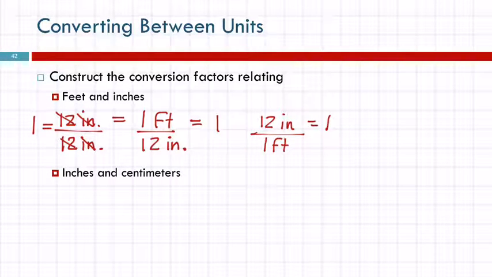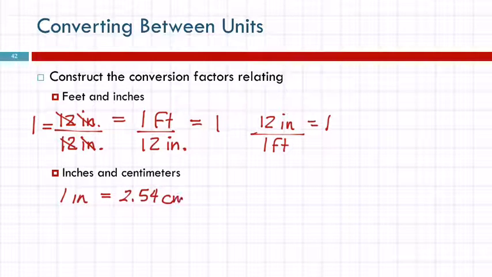Let's do inches and centimeters. 1 inch is how many centimeters? 2.54. That conversion factor is exact, by the way. Most of the ones between the metric and the English system are not exact, but this one is exact. They actually redefined the inch to be exactly 2.54 centimeters. So these 2 quantities are equal to each other.